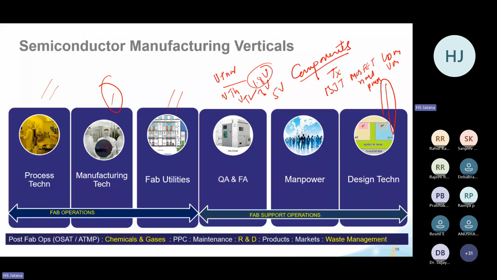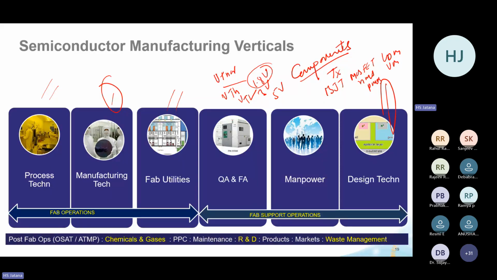And then finally, after the wafer comes, the wafer has to be tested, and you need automatic test equipment. A test program has to be developed. Then it has to be packaged in a device, and the device also has to be tested. For all those things, you need good manpower trained in each area: process engineers, systems engineers, VLSI design engineers. Again, there are many categories in VLSI design.